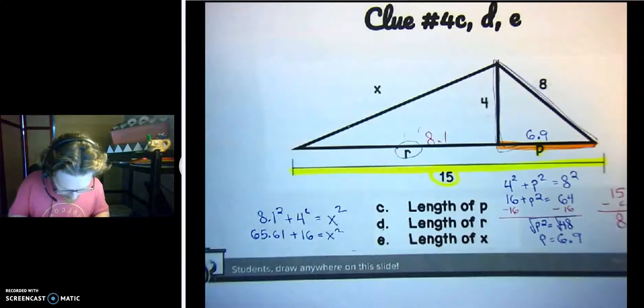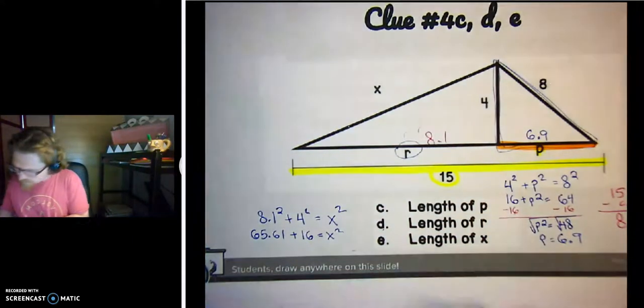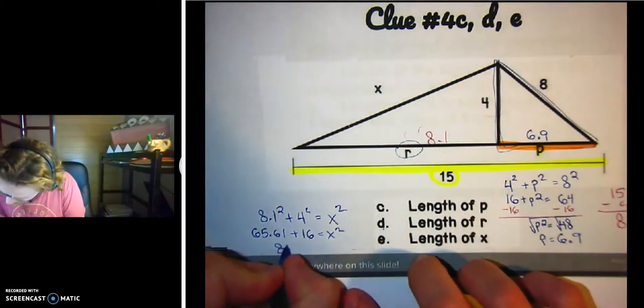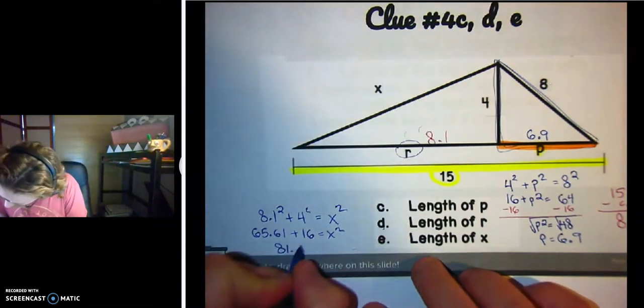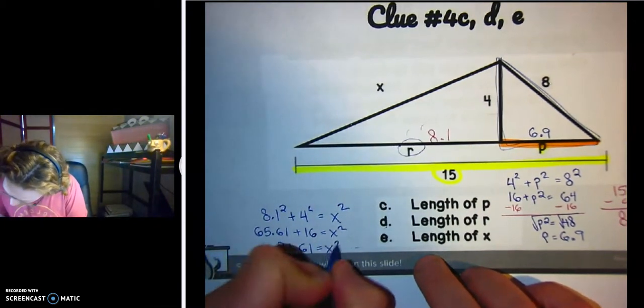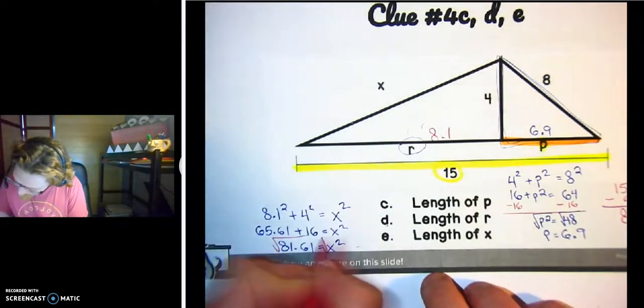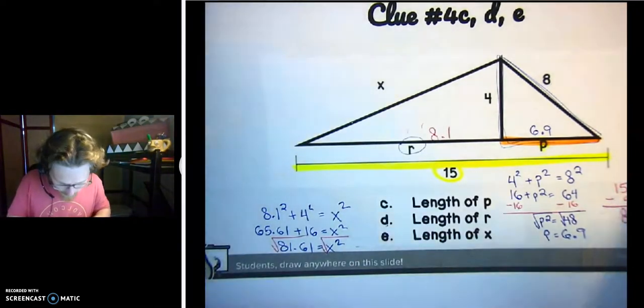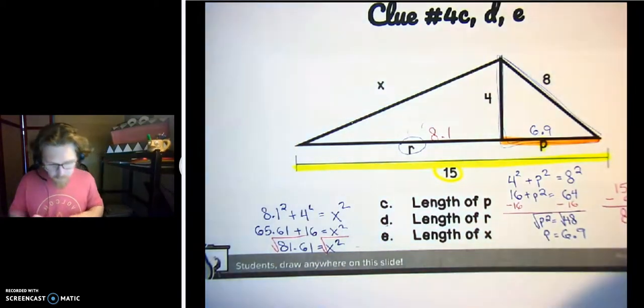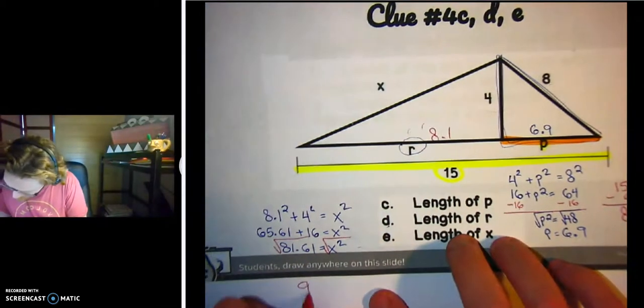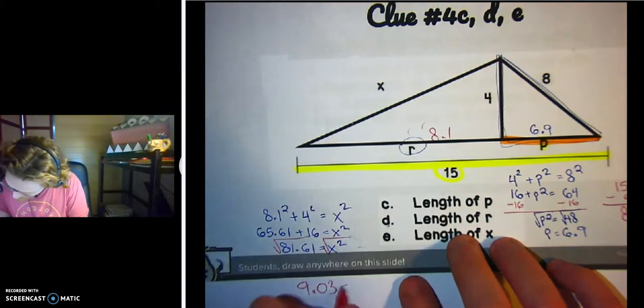Now we just add those together. 65.61 plus 16 is 81.61. That equals x squared. And now we're just going to take the square root of both of these sides. And the square root of 81.61 is equal to 9.03.